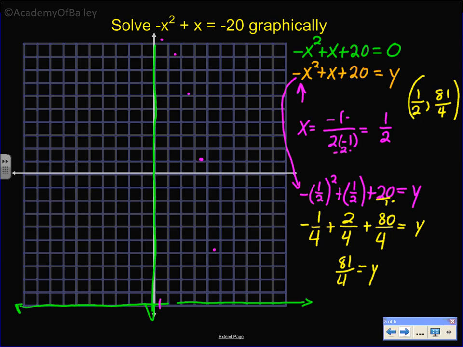Since this is symmetric, we will put them on the other side of the line of symmetry.